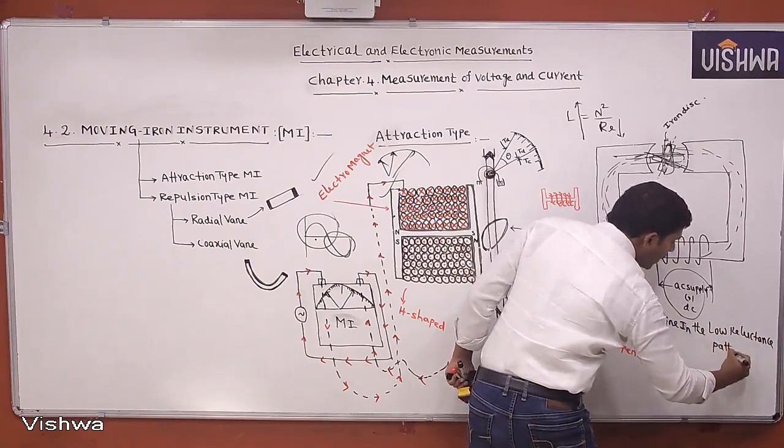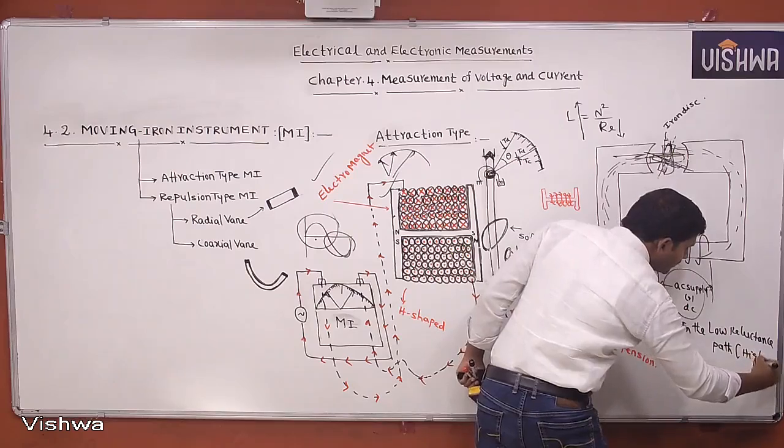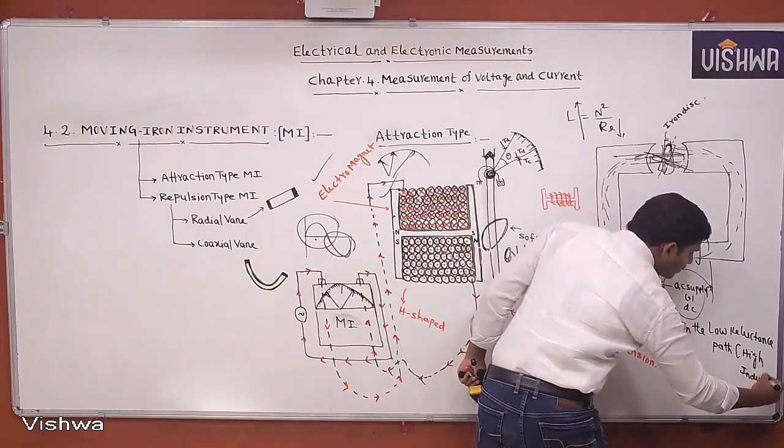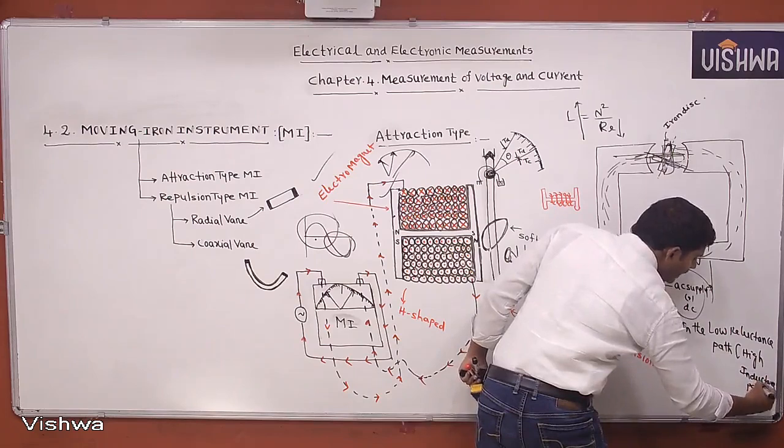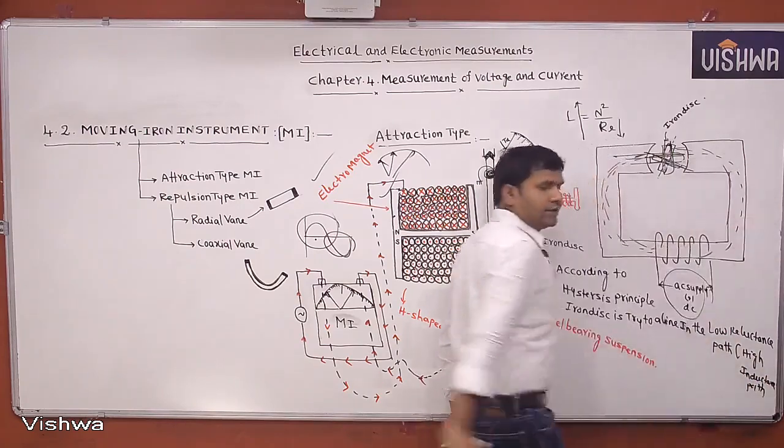Low reluctance path means high inductance path. Like this, the iron disc will rotate.